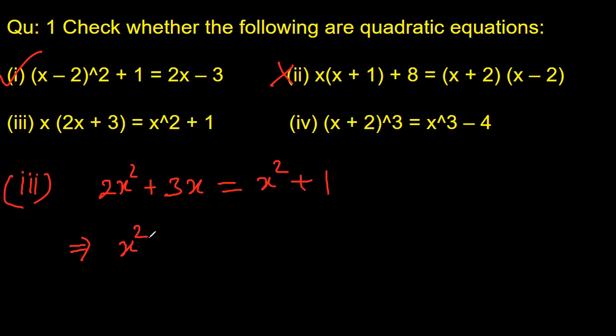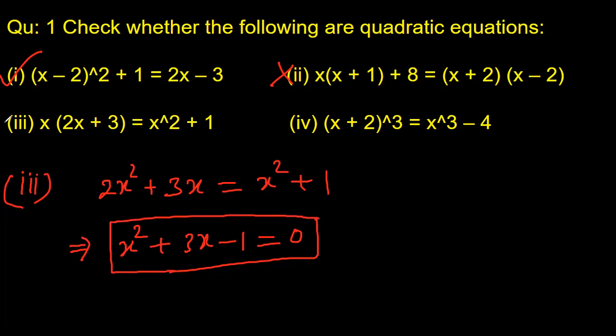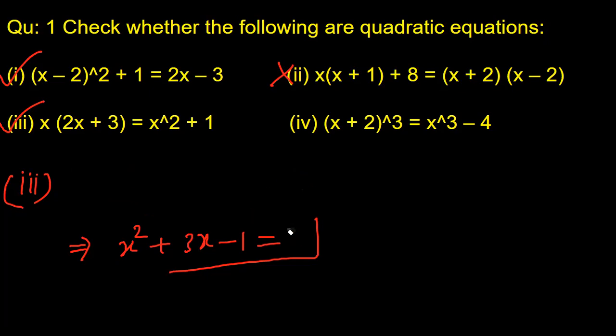So 2x squared minus x squared, only x squared is left, plus 3x, and this 1 can be taken to left. So obviously this is a quadratic equation. So the third one is also a quadratic equation. Let's see the last one, the fourth one.